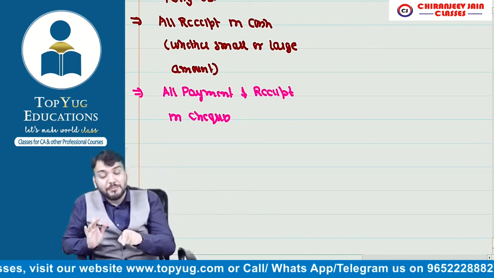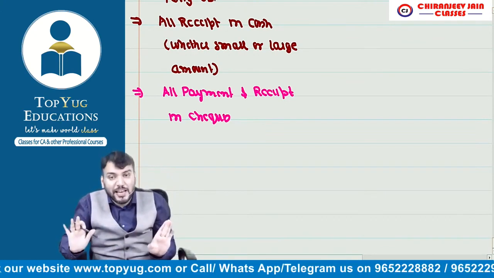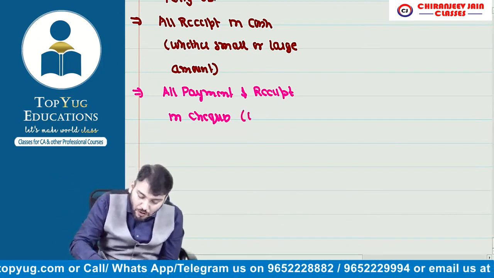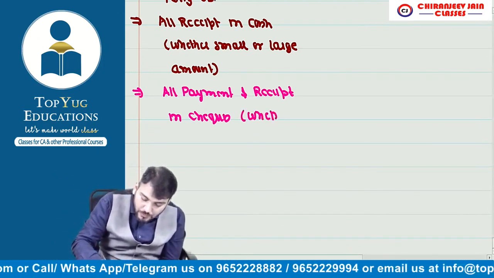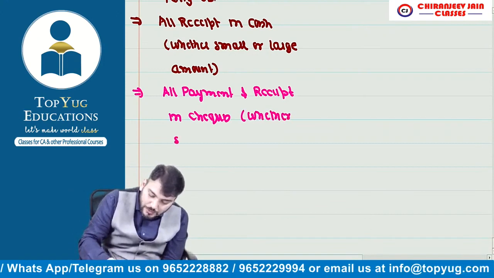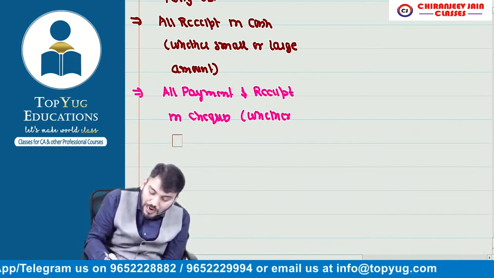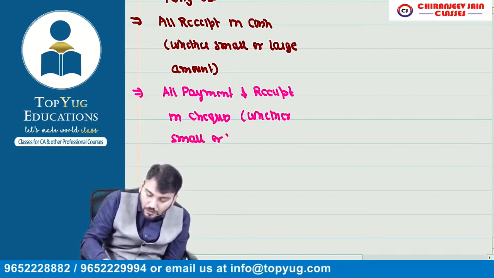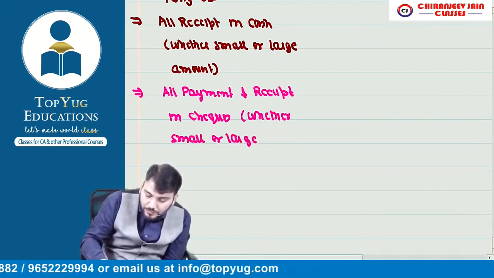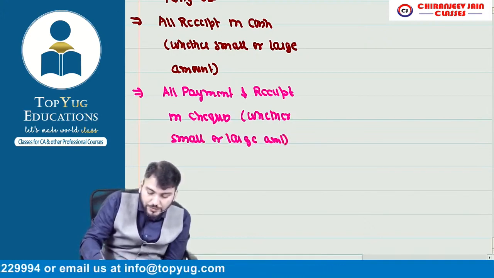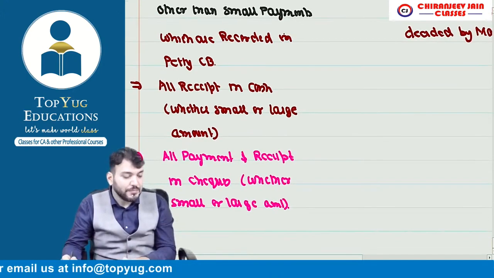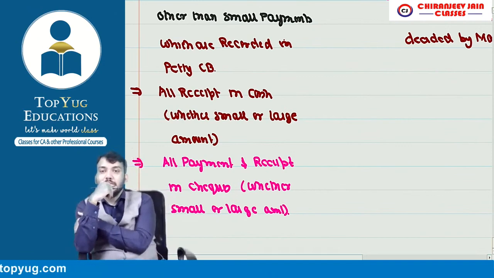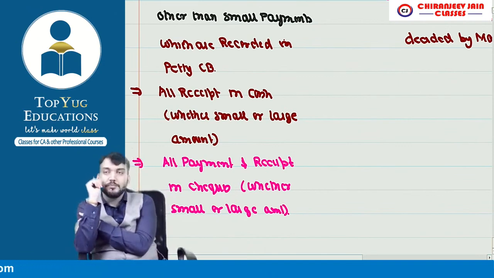That is, the petty cash book is not for cheques, whether small or large amount, correct. Understood this point? Have you understood this point?